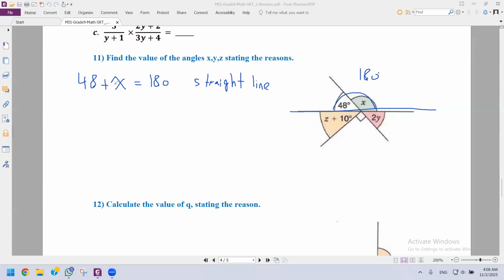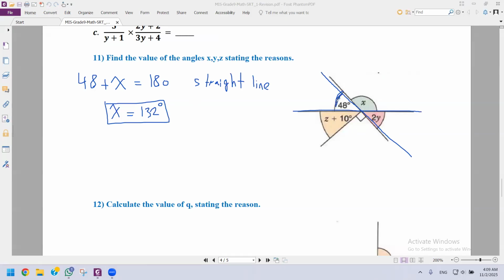Now how to keep x alone, how to solve it? We take 48 to the other side. So x is equal to 180 minus 48 because I took it there. So it's 132. This is x. We can put degree also as a unit of the angle. Now let's try to find y. Here we have kind of an X shape. What do I know in this X shape?